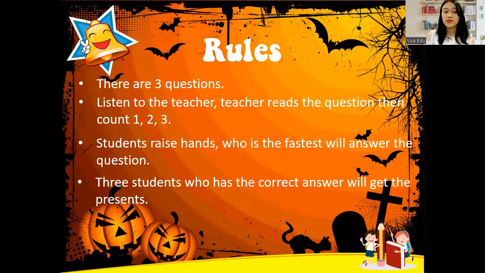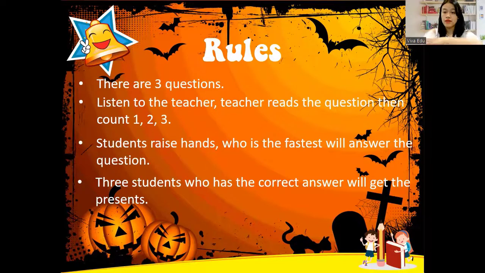The students have to listen to the teacher, and the teacher reads the question. Then you ask the students to put their hands on the table, and when you read the question, you count 1, 2, 3. The students will raise their hands.